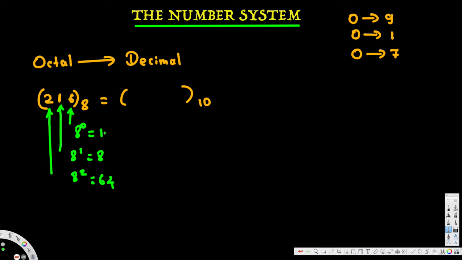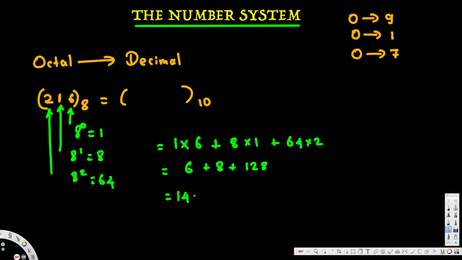In the 1's place we have 6, so 1 times 6, plus in the 8's place we have 1, so 8 times 1, plus in the 64's place we have 2, so 64 times 2. 1 times 6 is 6, 8 times 1 is 8, 64 times 2 gives us 128. So 128 plus 8 is 136, and 136 plus 6 gives us 142. So 142 is the conversion from octal to decimal. The decimal number is 142.